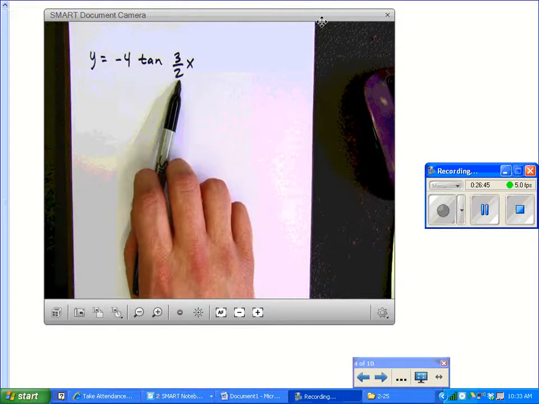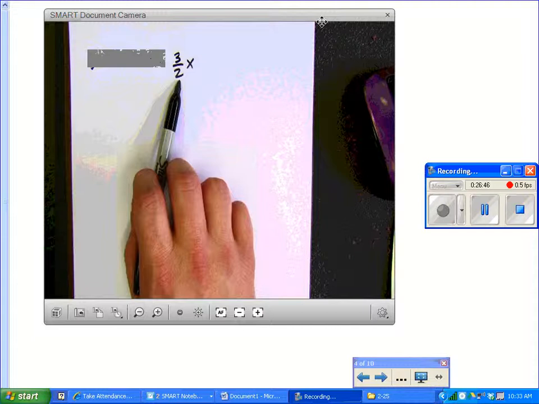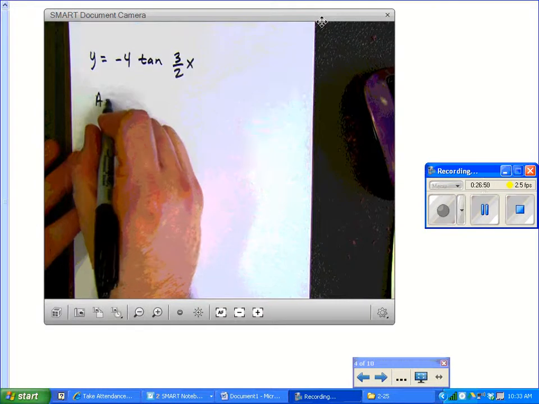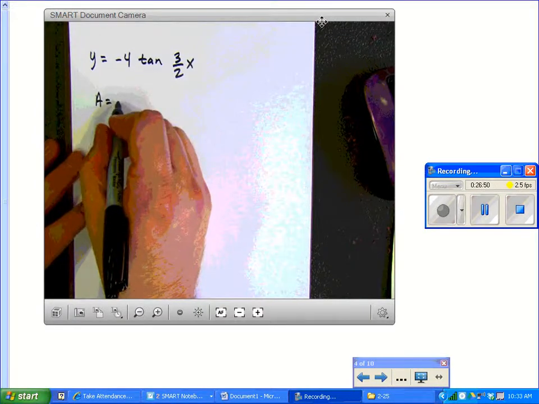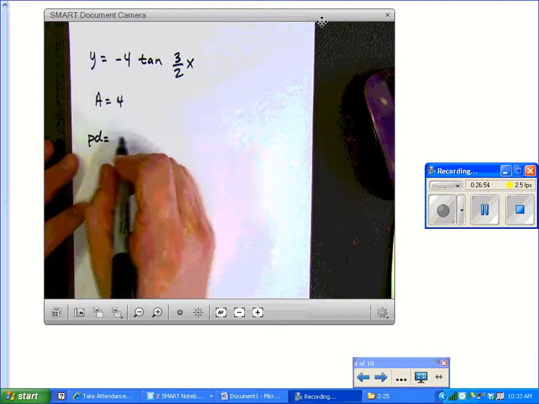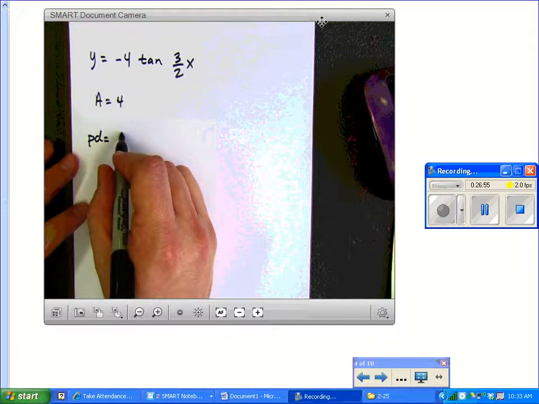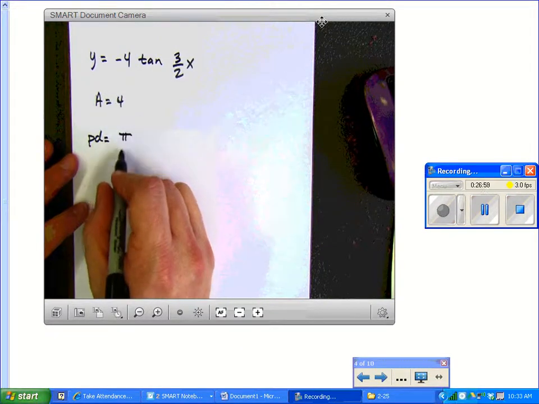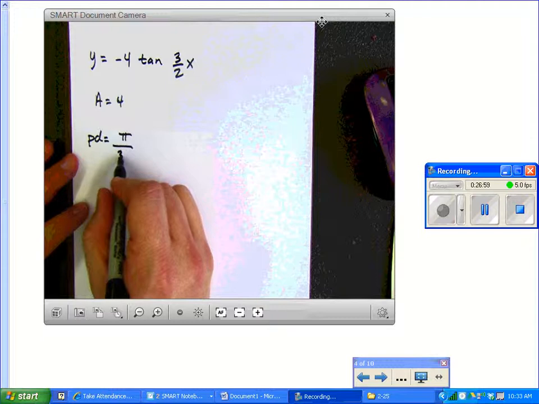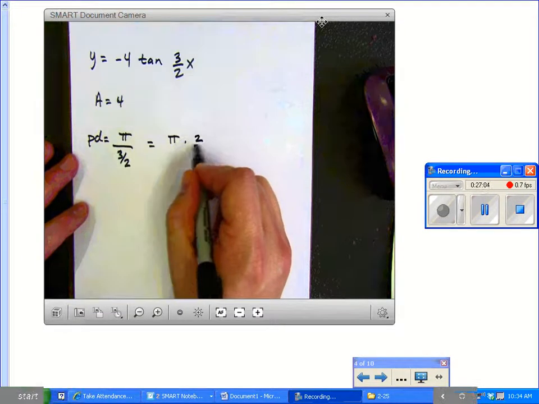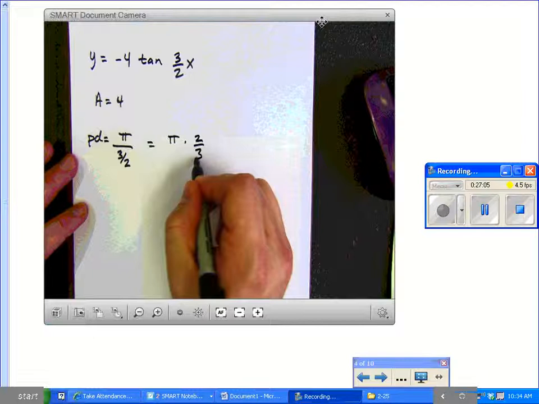It's going to make some nasty fractions come up. That's all right. So amplitude is not -4, it's just 4. Period, pi over b, not 2 pi over b, just pi over b. So pi over 3/2. So it'll be pi times 2/3, which would be 2 pi over 3.